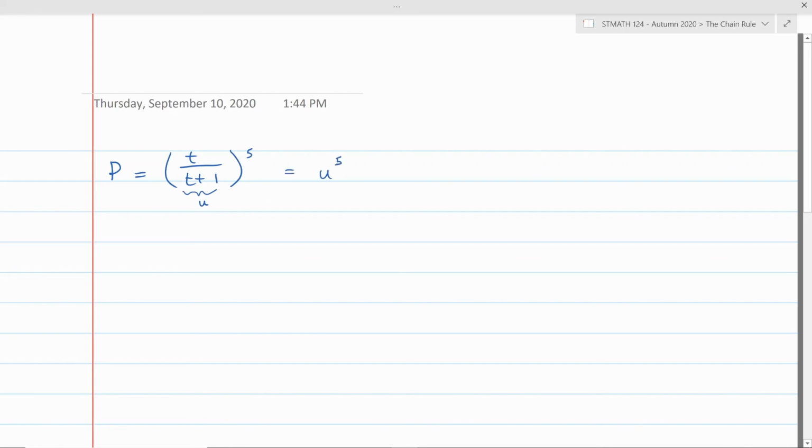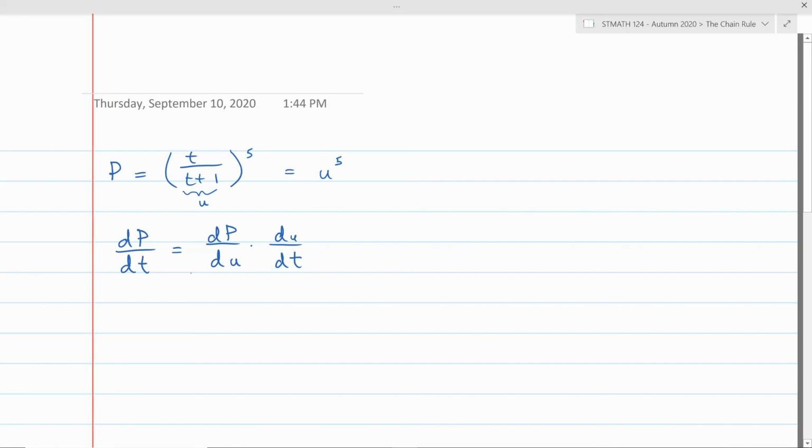Then if I applied the chain rule, dp dt, because I want the derivative with respect to t, since that's the original variable, I could write that as dp over du times du dt. So that would be adapting the chain rule for these different variables. Notice that it's kind of like the du's cancel when you multiply those two fractions together.